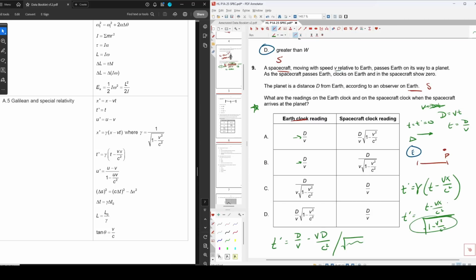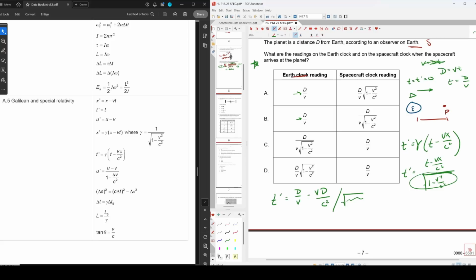So which one is it? I see they brought out a d over v, so I'm going to try to match that and pull a d over v out of this. The first term is going to be 1. If I pull d over v out, I get 1 for the first term, and if I pull a v out, it's got to be this.